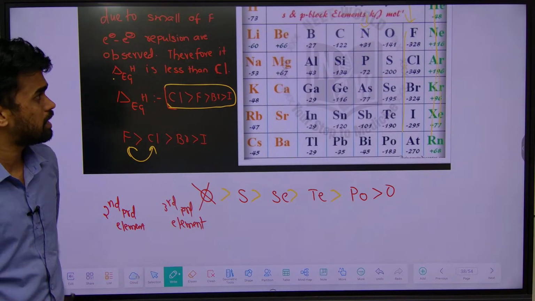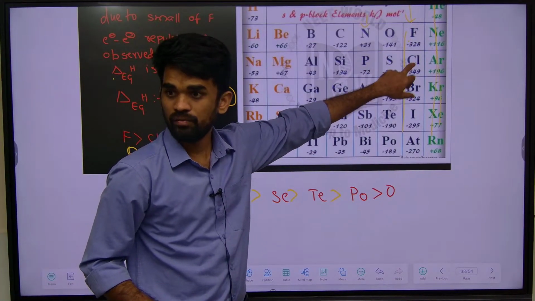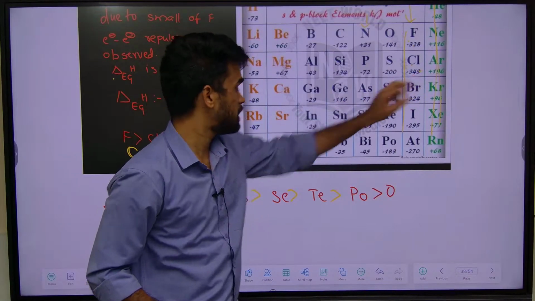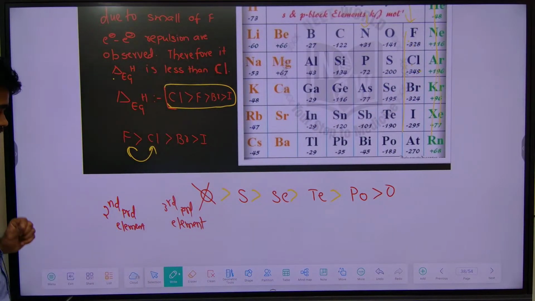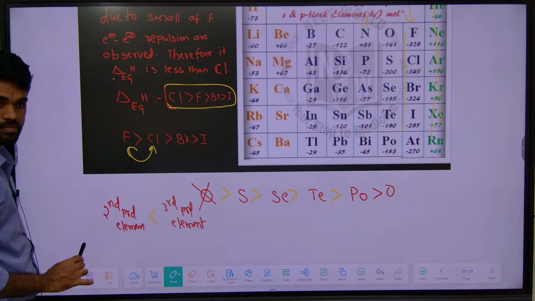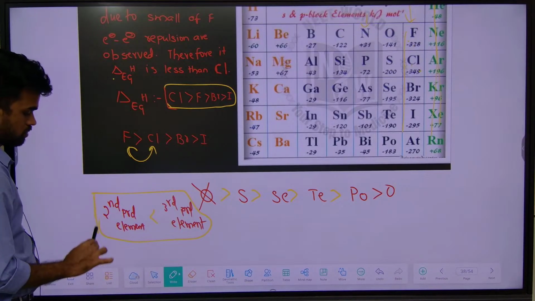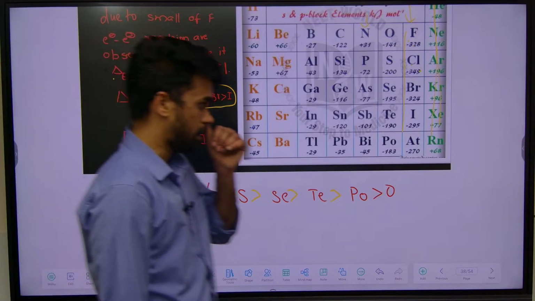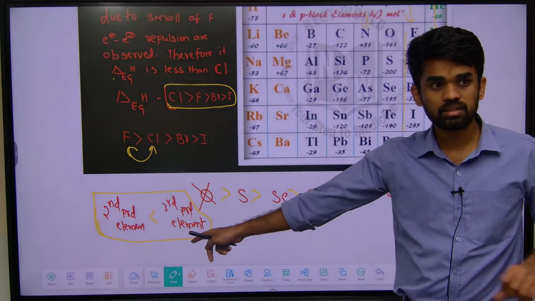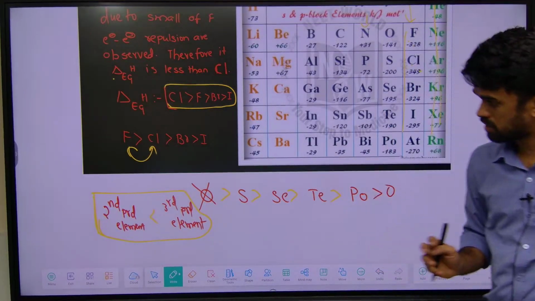Second period, third period, fluorine, chlorine. Chlorine has more electron gain enthalpy, a more negative value, third period. That's what I'm concluding here as a general statement. Second period elements have low electron gain enthalpy, then third period. Next, what is the reason for this? Small size, electron repulsions.